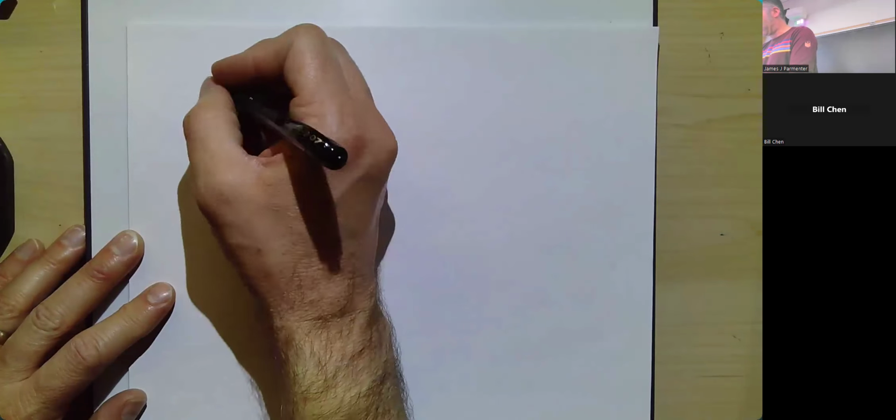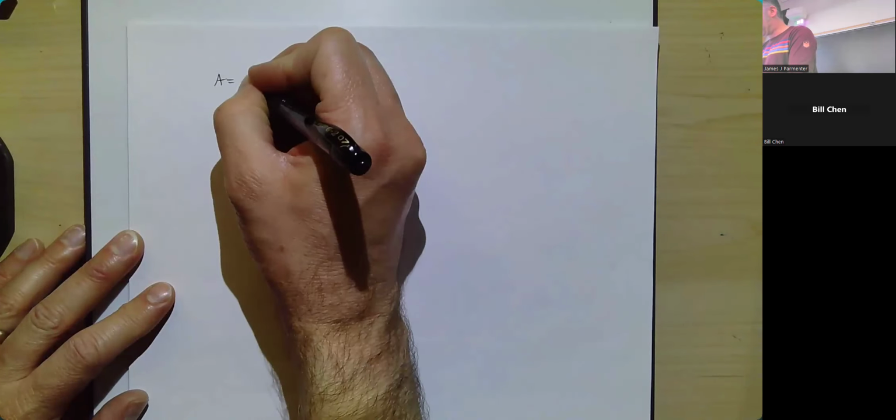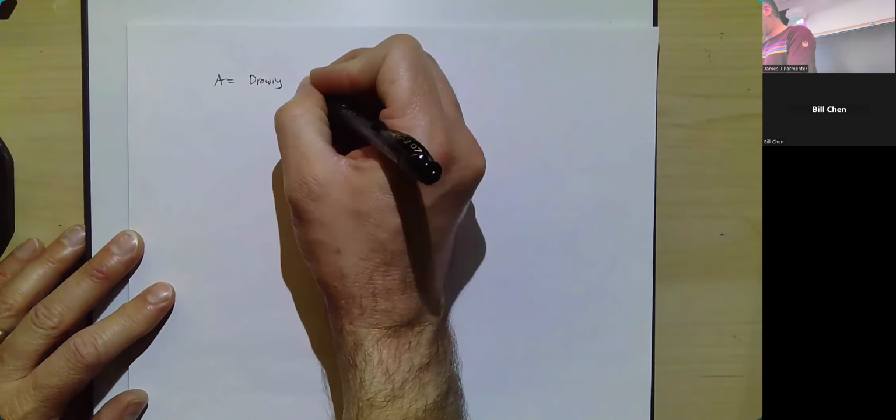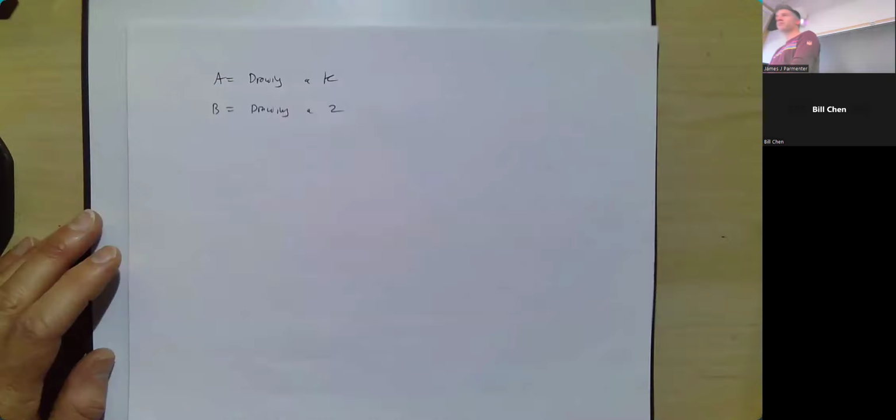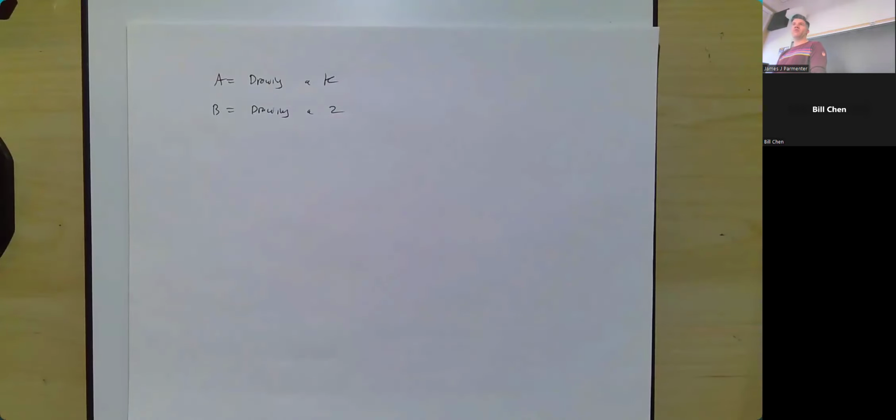So let's say that, and we can use real events. Let's say A is drawing a king and B is drawing a 2. Can you draw a card that's a king and a 2? Definitely not.